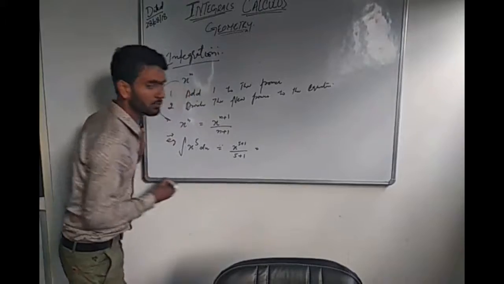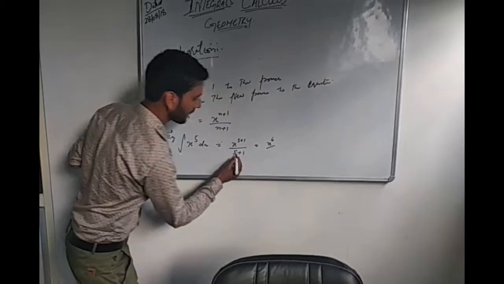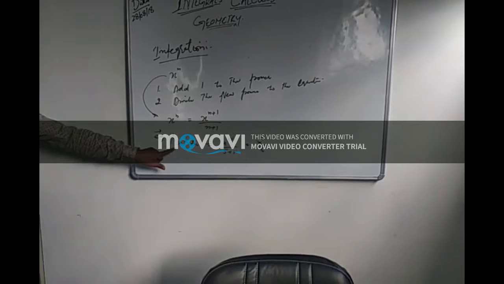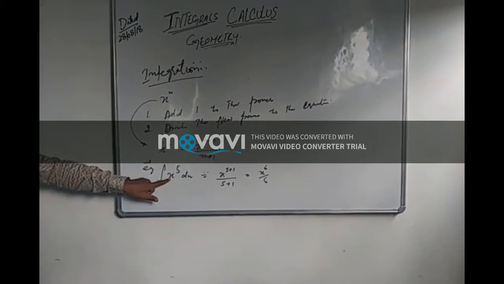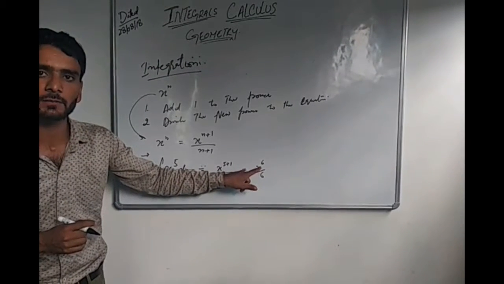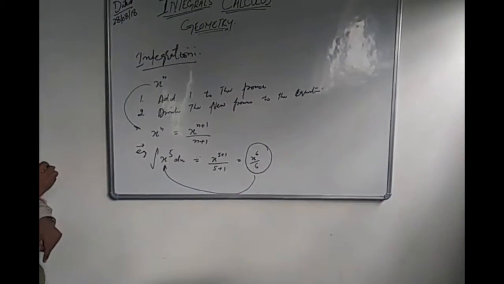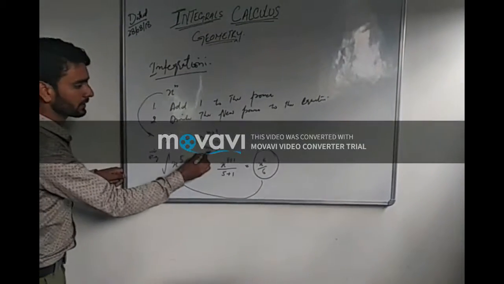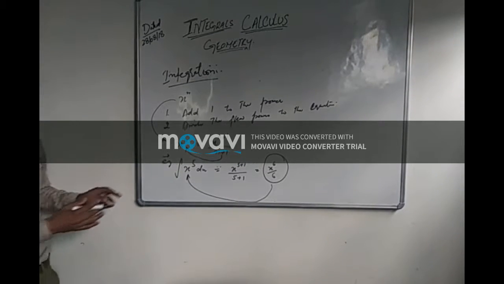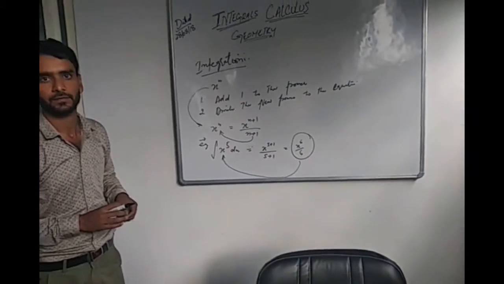The result is x raised to the power 6, divided by 6. This means the antiderivative of x to the power 5 is x to the power 6 divided by 6. Likewise, for x to the power n, its antiderivative is as shown. This is the general procedure for integration.